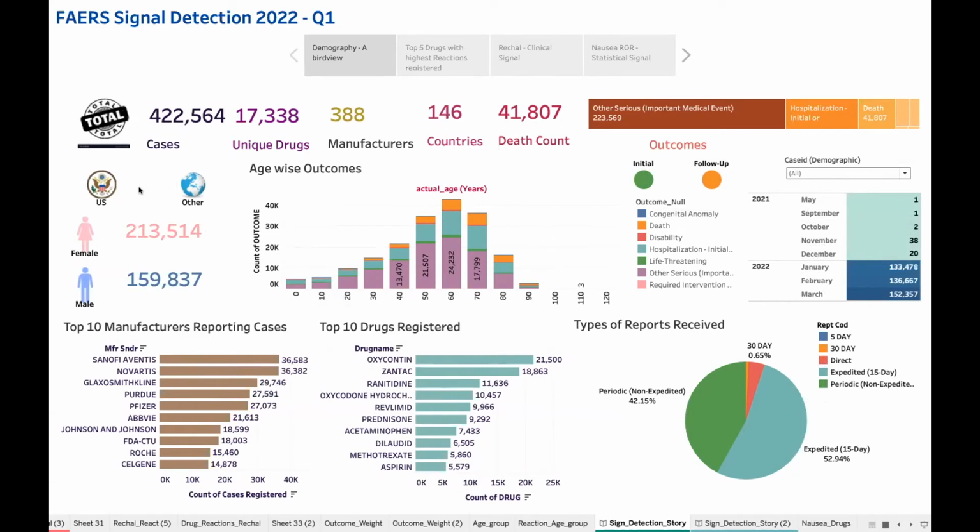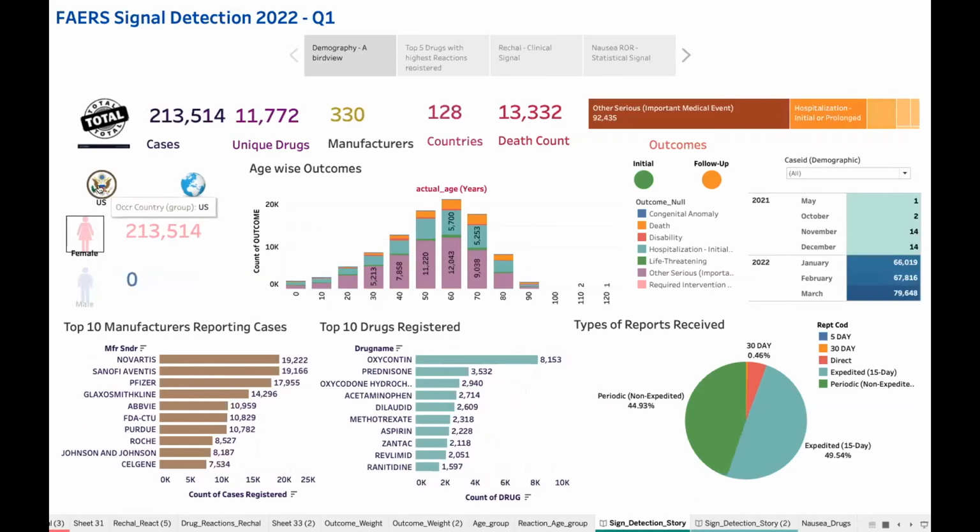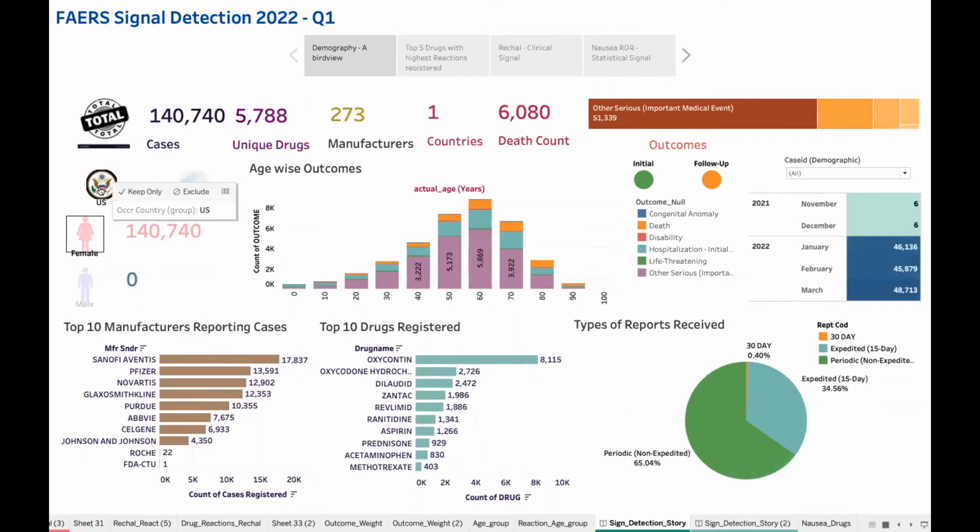For example, if you want to look at female cases reported in the United States which are follow-up cases, you can just select the icons here. Female cases in the United States: you can see we have around 140,000 female cases registered, and we can look at follow-up cases.